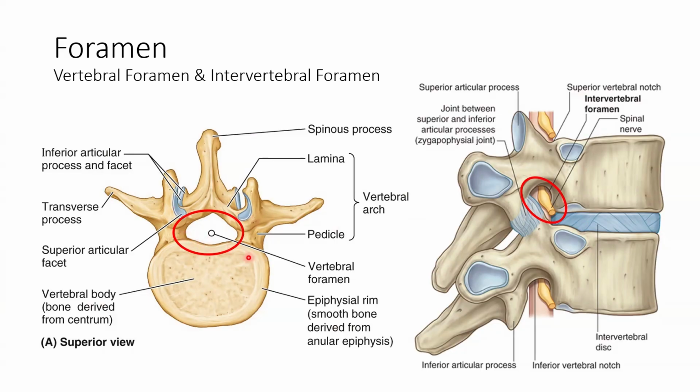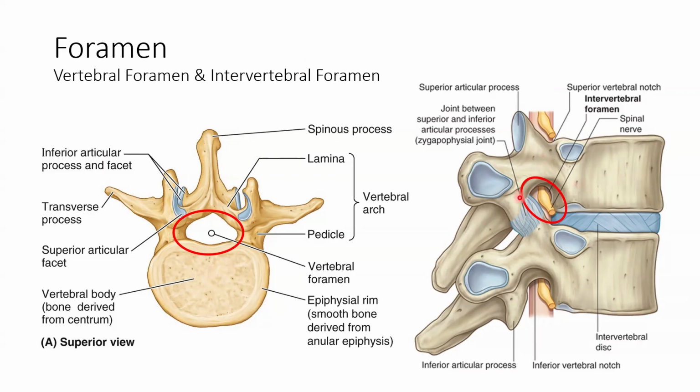But in an individual vertebra, we're calling this the vertebral foramen. Vertebral foramen is where we see the passage of the spinal cord and neurovascular structures, meninges surrounding the spinal cord. Okay, so vertebral foramen is created by the vertebral arch arching around posterior to the vertebral body, passage for the spinal cord and its associated structures.